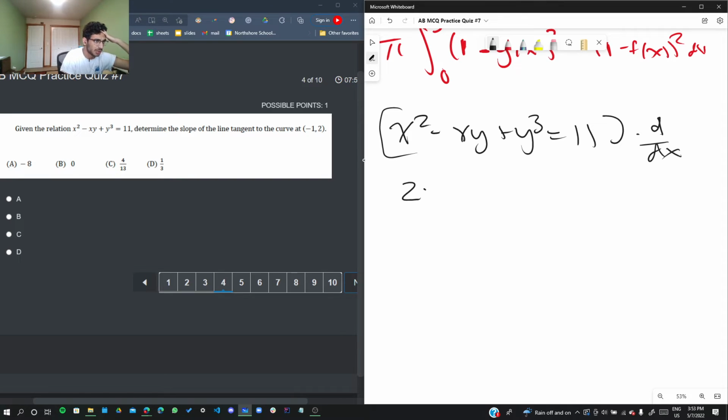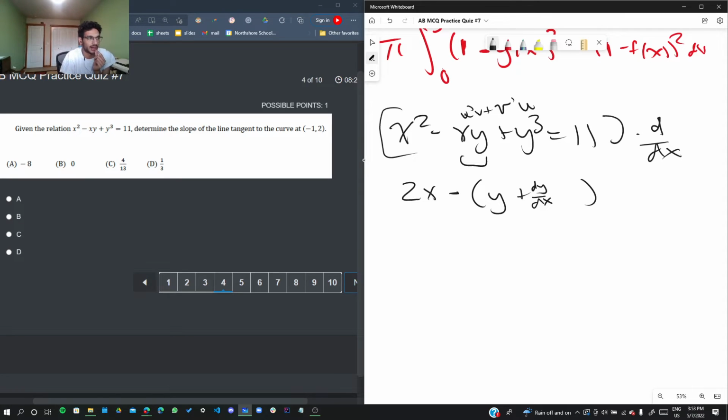So here it'll be 2x. Take the derivative equals, now this is product rule, when you have two things multiplied together. So it's u prime v plus v prime u. So u prime is going to be 1 times v. I'm just going to put this all in parentheses, y, plus v prime, which is just the derivative of y, so it's just 1, but with respect to x, because we're taking the derivative with respect to x.